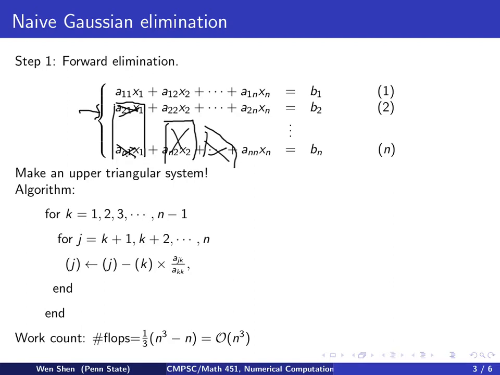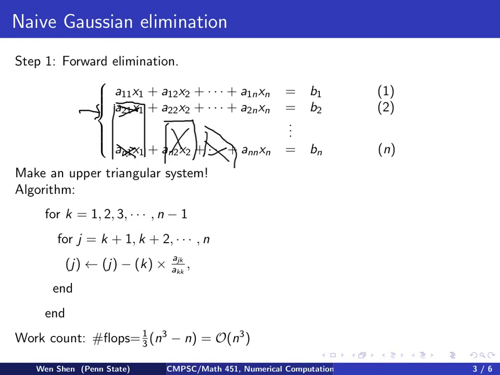So to summarize, here is the algorithm. First, we need a for loop to go through all the columns from column 1 to column n minus 1. That means take care of each column, each k. And then for each k, we have to go through equation k plus 1, k plus 2, all the way to equation number n.